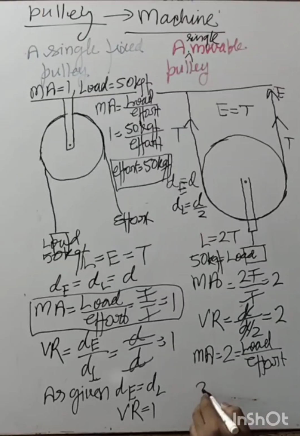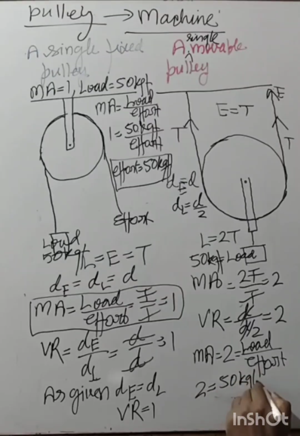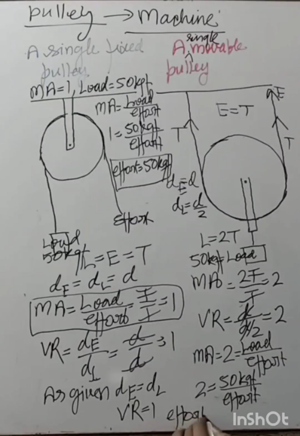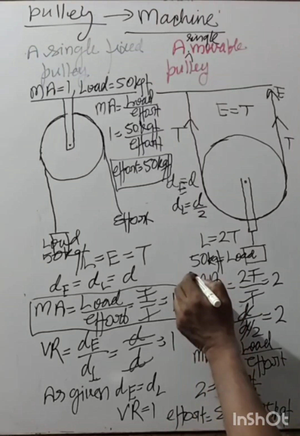So 2 is equal to 50 kgf upon effort. So effort is equal to 50 kgf upon 2 becomes 25 kgf. So half effort, mechanical advantage is 2.